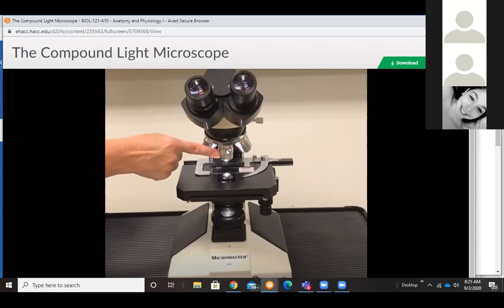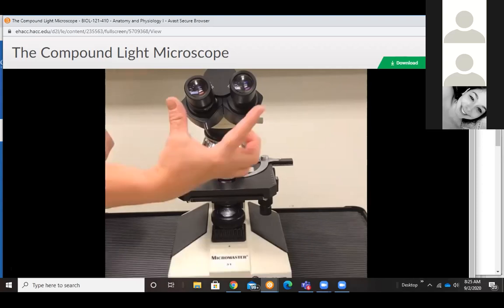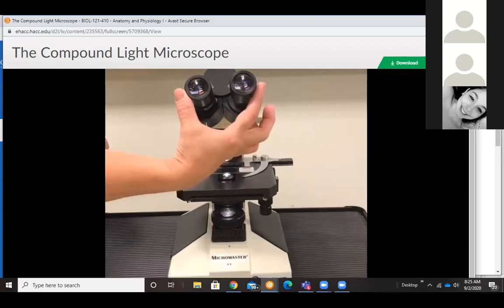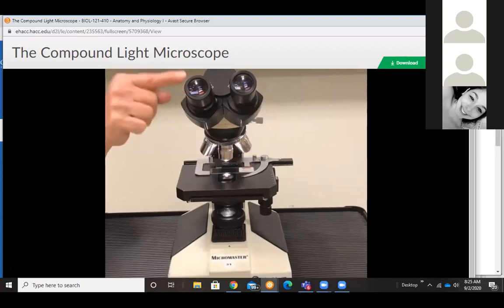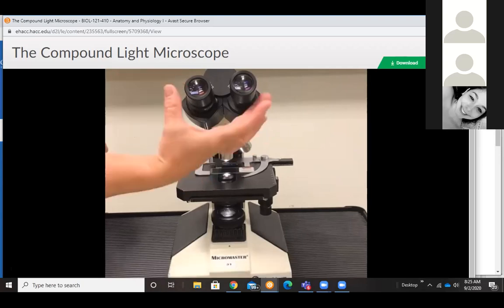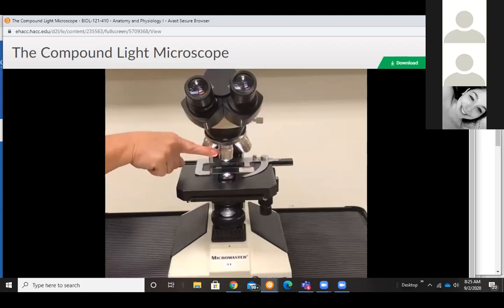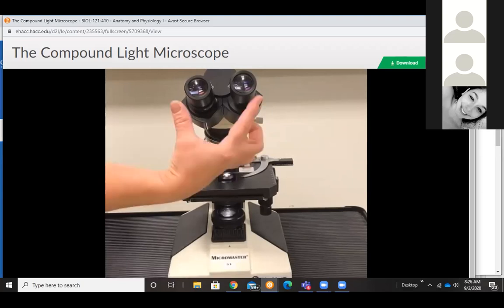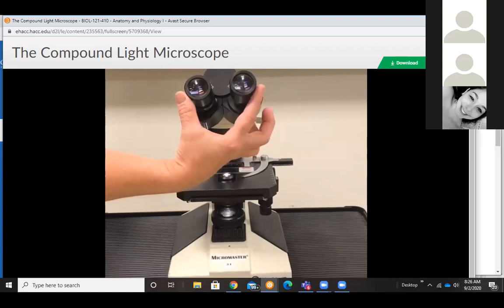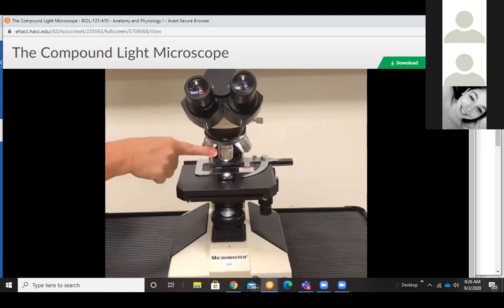The set of ocular lenses themselves have a number imprinted on them, and that number is 10x or tenfold. So these lenses magnify the image 10 times what you would see with your naked eye. So if you have the shortest objective lens over the stage, the scanning objective lens, to determine total magnification, what you need to do is take the magnification of the ocular and multiply it by the particular magnification of the objective lens that is over the specimen.